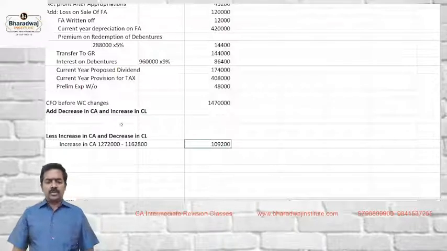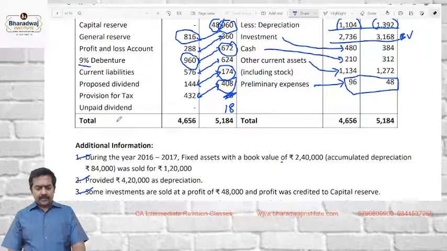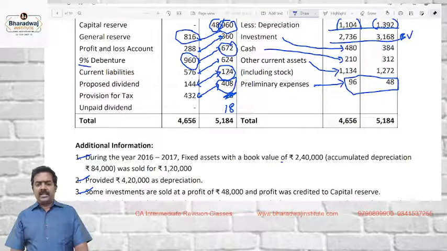Then look at the current liabilities, increased or decreased.